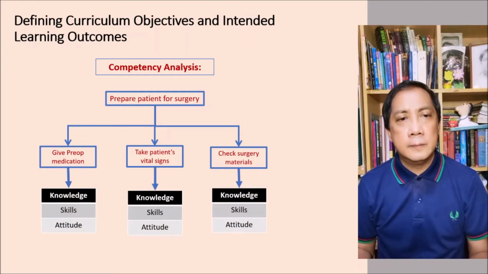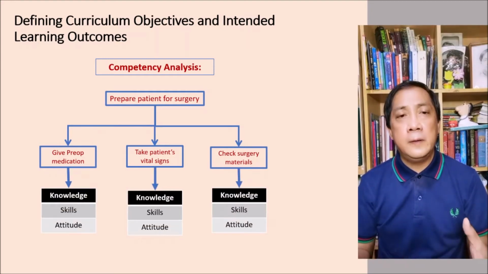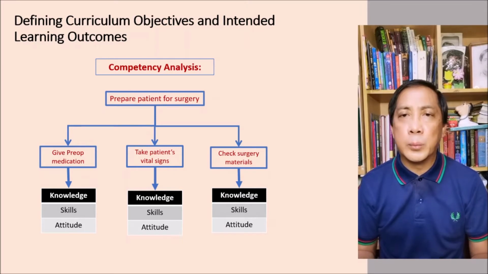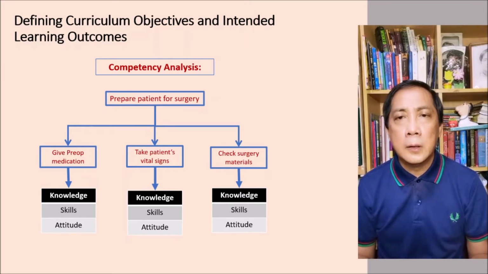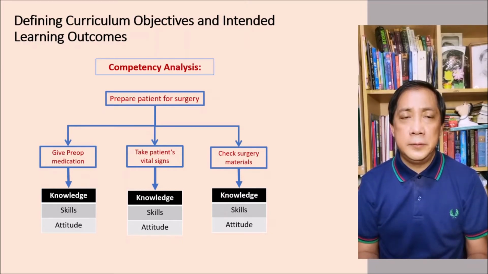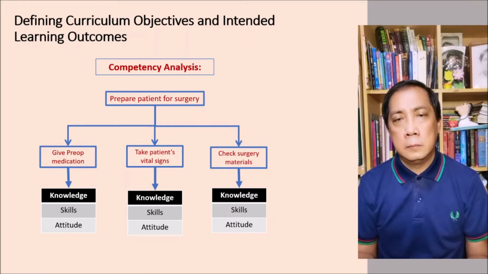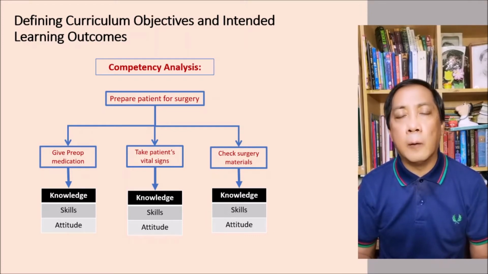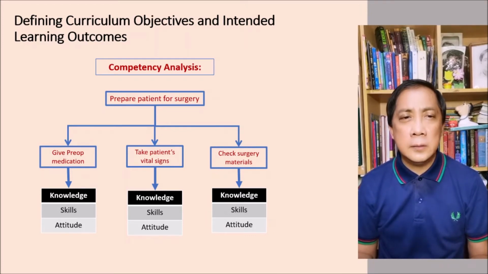And then, now you know that if you are to give pre-op medication, you need knowledge, skills, attitude. Can you think of some of the knowledge, skills, attitude needed to do pre-op? Of course, you probably need the drugs, medications that are needed to perform pre-op, and PK/PD, all these pharmaceutical interventions for pre-op.